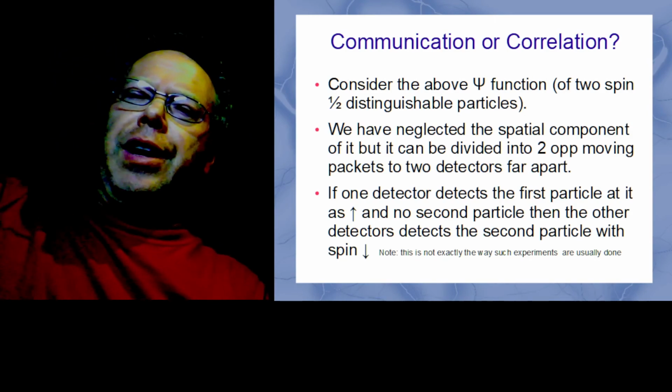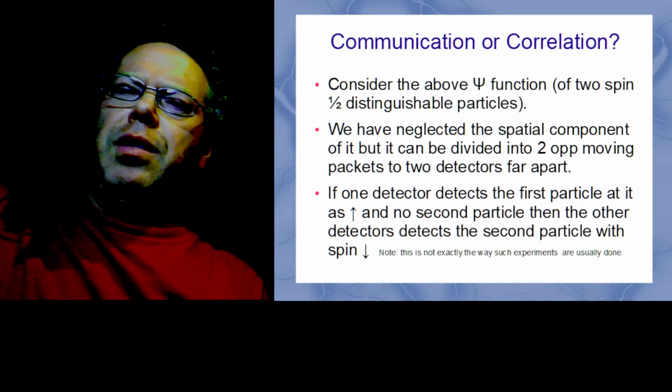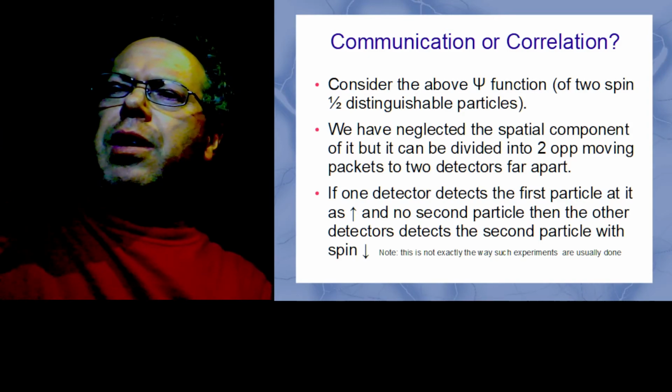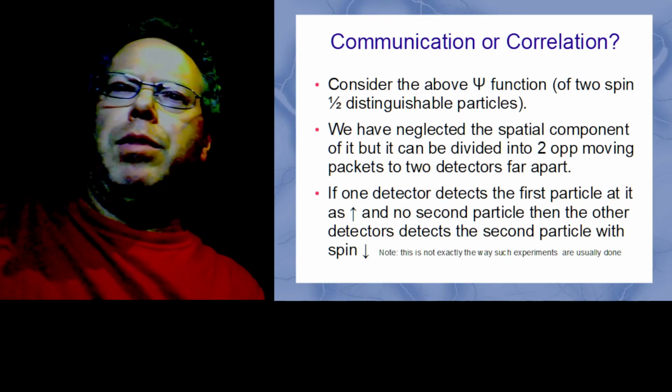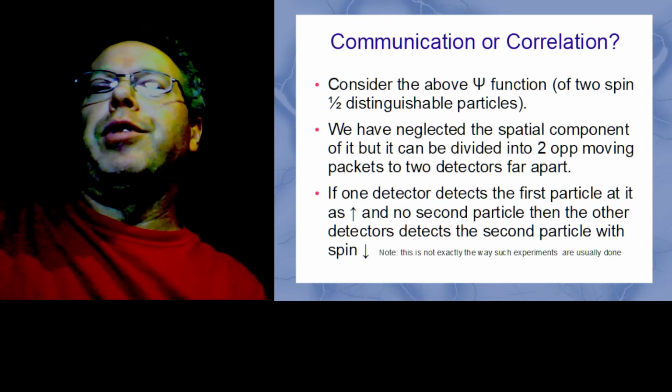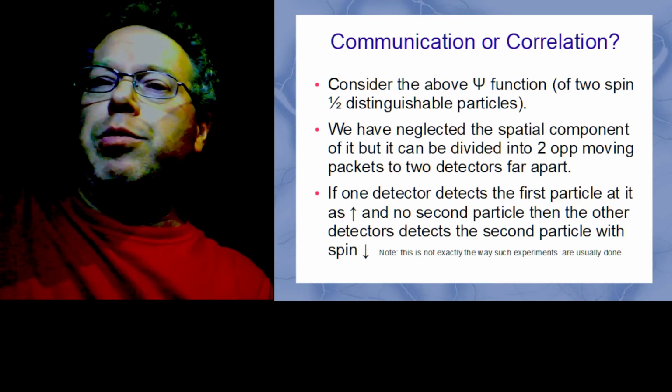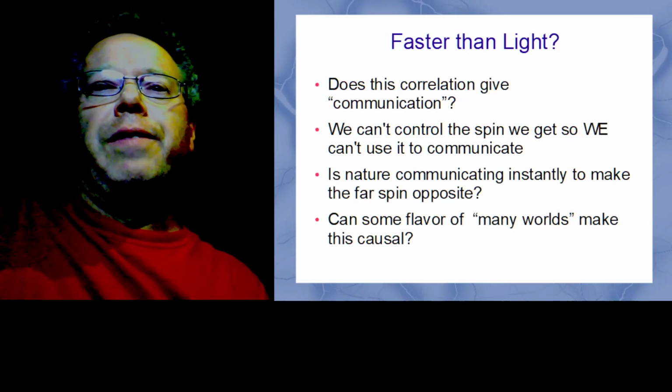If you measure it up there, then you must get them down at the other location. So it seems like something maybe has happened. Like maybe there's been some communication that happened very quickly, even though these measurements might have been very far apart.